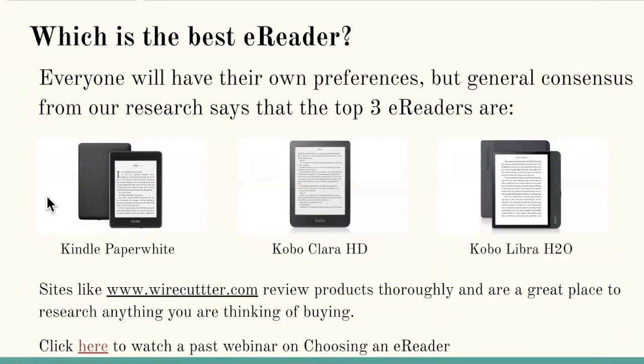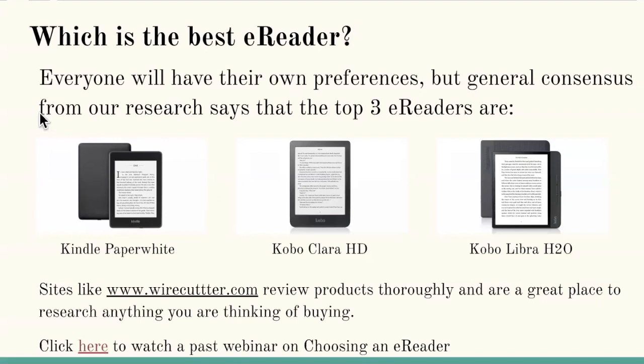Now, you may be wondering which is the best reader, but it really depends on everyone's unique preference. But the general consensus from our research says that there are 3 top e-readers currently on the market, including Kindle Paperwhite, Kobo Clara HD, and Kobo Libra H2O.